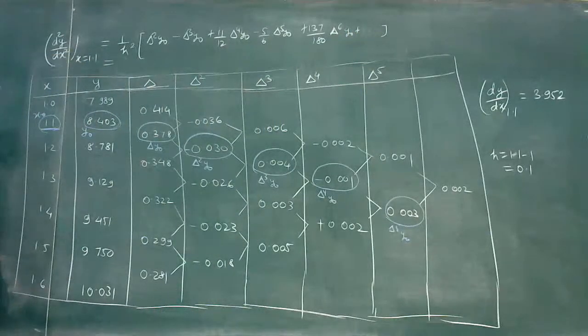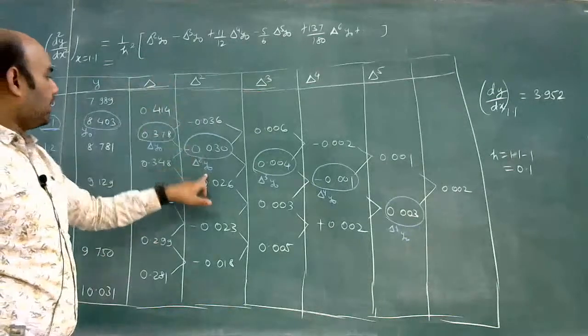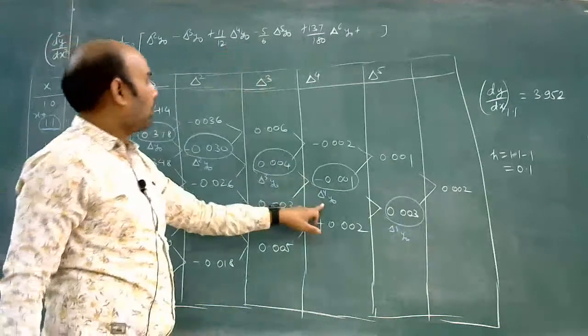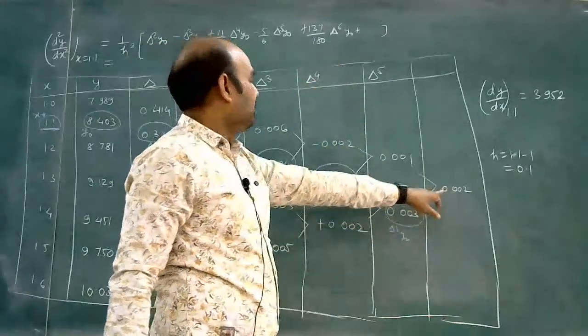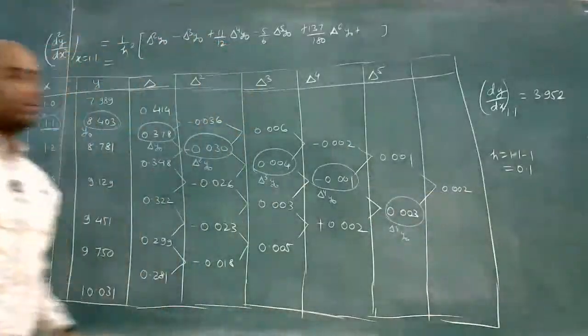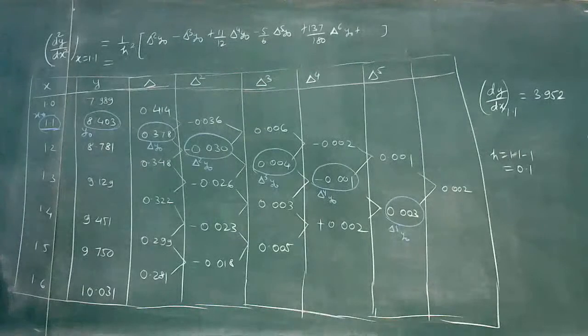Okay. So here we have del square y naught, then del to the power 4 y naught and del to the power 5 y naught. There is no del to the power 6 y naught.